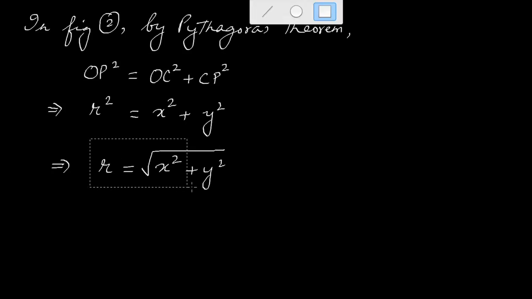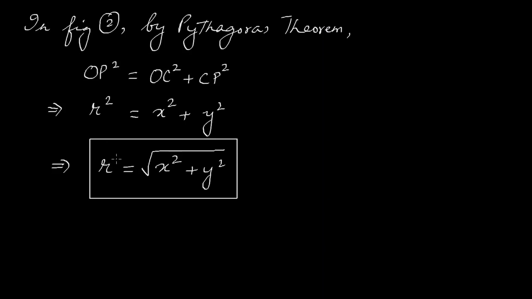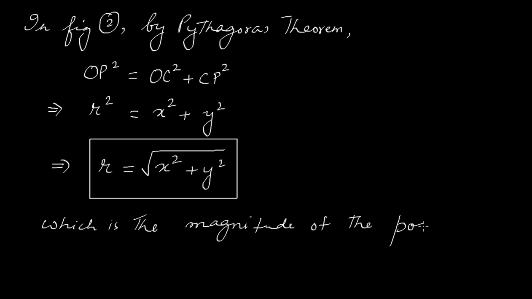Yes, and what did I tell you? Whenever you write a vector without a bar sign, it represents the magnitude, okay? Which is the magnitude of the position vector. Is it clear?